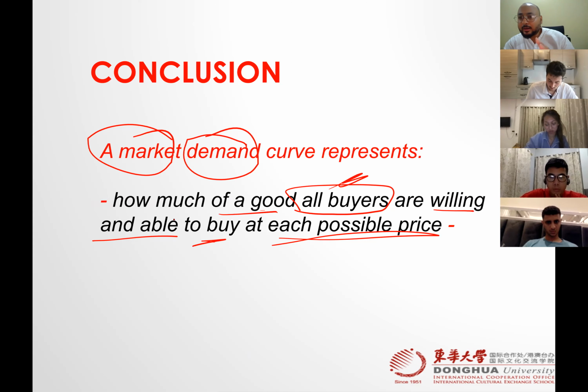So a market demand curve shows you that in the market all the buyers want to and are able to, which means are willing to buy or have the ability, have the money, have the means to buy that product at the possible price. Right, guys?